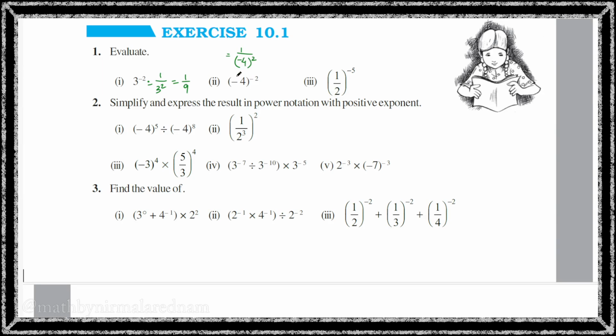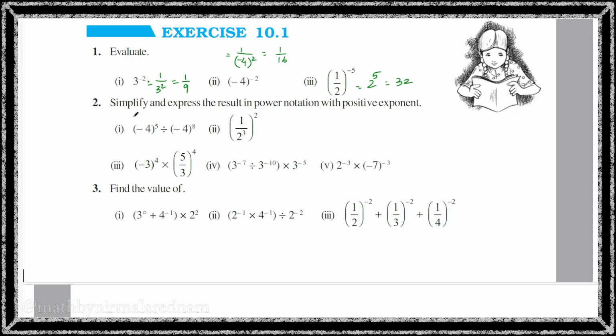Whenever you have a negative exponent, going further with the simplification or evaluation of that particular expression means that you need the positive exponents first, because you cannot multiply minus 4, minus 2 number of times. So first get the positive exponent and then simplify it. You will have your answer in no time. And over here it is 2 power 5, which is nothing but 32, right?